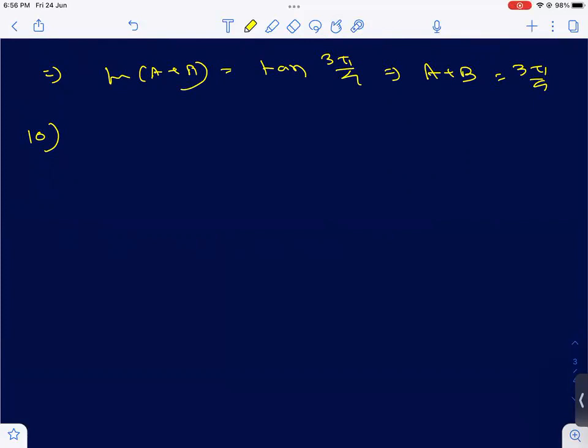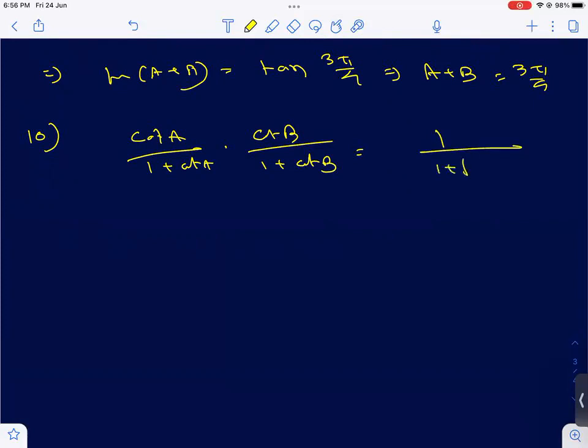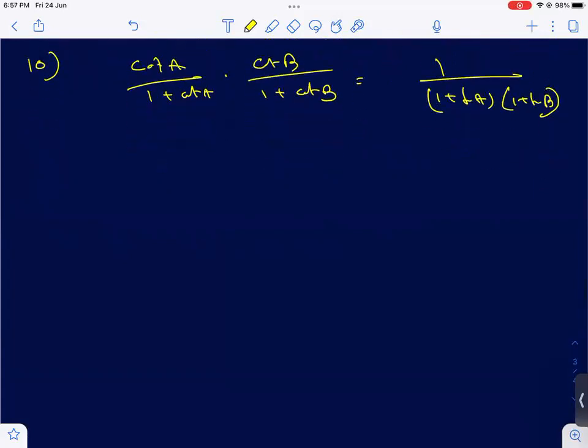Looking at the requirement, we have cot A by 1 plus cot A into cot B by 1 plus cot B. If we make cot as tan, we are getting 1 plus tan A into 1 plus tan B.